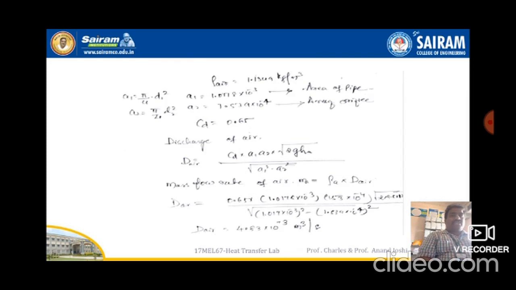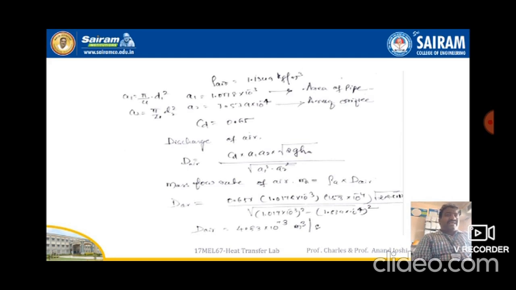To calculate the discharge of the air, we need A1 and A2. What are those A1 and A2? A1 is the area of the pipe and A2 is the area of the orifice. The area of the pipe we can calculate using the formula pi by 4 d1 square, and you will get A1 as 1.077 into 10 power of minus 3 meter square.